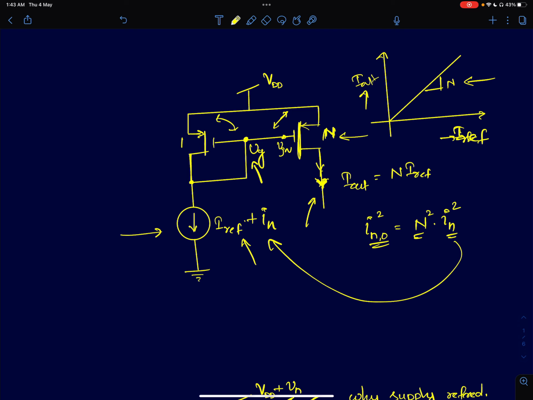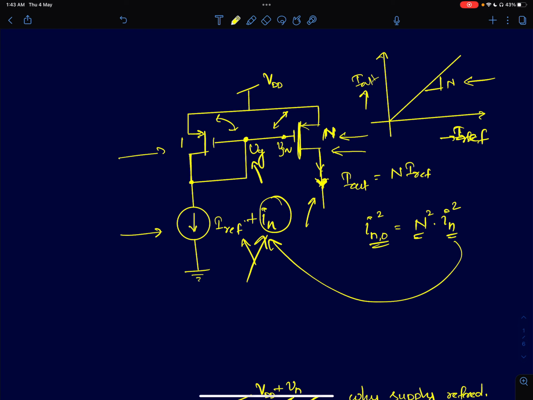Here, I've assumed that there is no noise in the current mirror, meaning the reference current noise is the most dominant source of noise, dwarfing all other noise sources in the circuit.